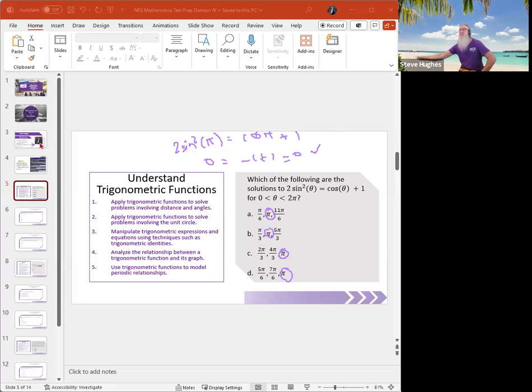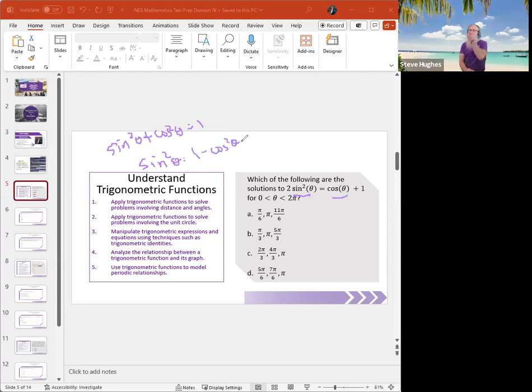So that's what we want to focus on. Therefore, we're going to start by looking at some trigonometric identities. Which trig identity could we use to help us solve this? Notice we have a sine squared theta and we have cosine theta here. So we're going to use the Pythagorean identity, which says sine squared theta plus cosine squared theta equals 1, which means that sine squared theta equals 1 minus cosine squared theta.